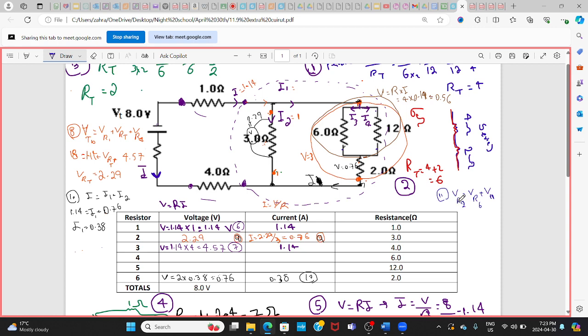V across R2 is 2.29. V across R6, we got it to be 0.76. I want to find the V across the parallel system: 2.29 minus 0.76 is 1.53.